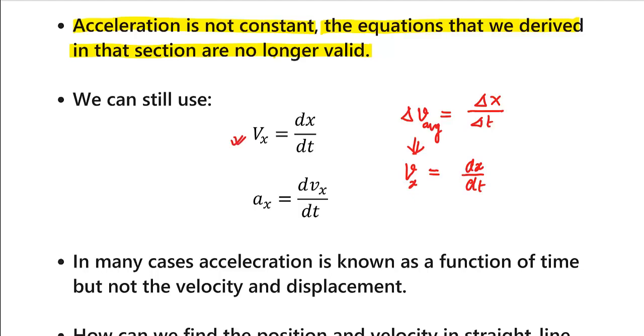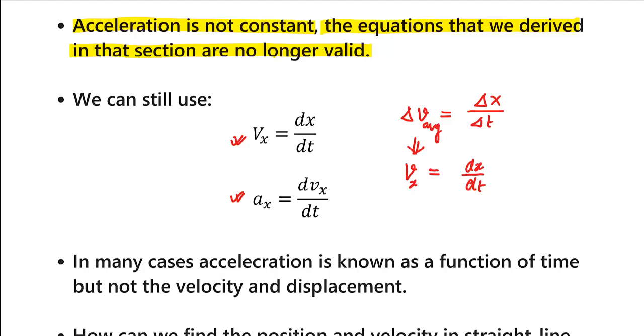So now when the acceleration is not constant, we will work with the instantaneous velocity expression, that is Vx is equals to dx by dt. Similarly, we will work with the instantaneous acceleration expression, Ax is equals to dvx by dt.